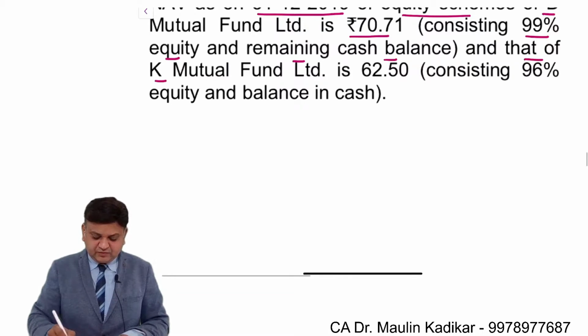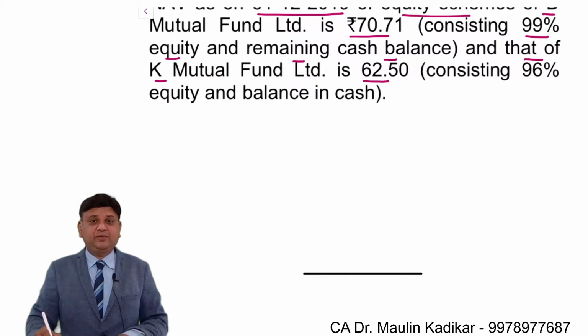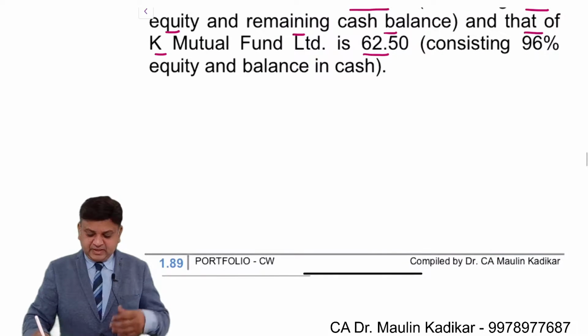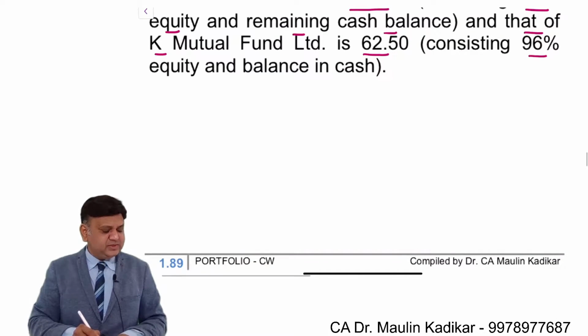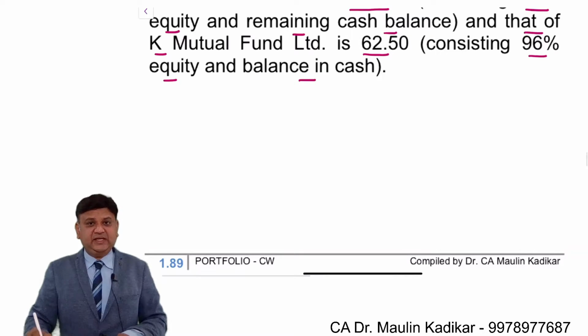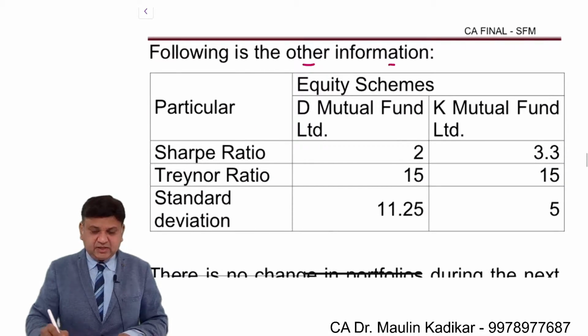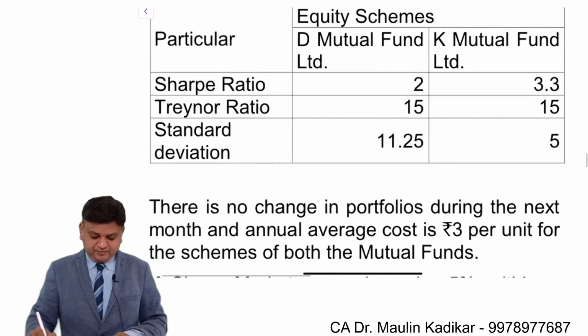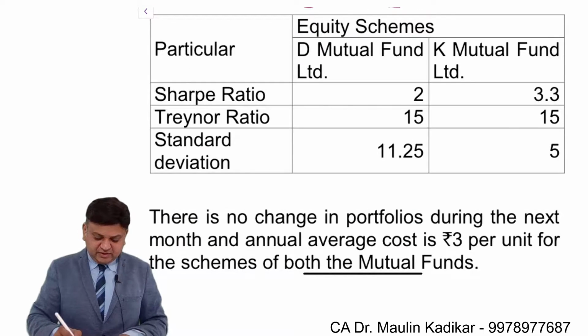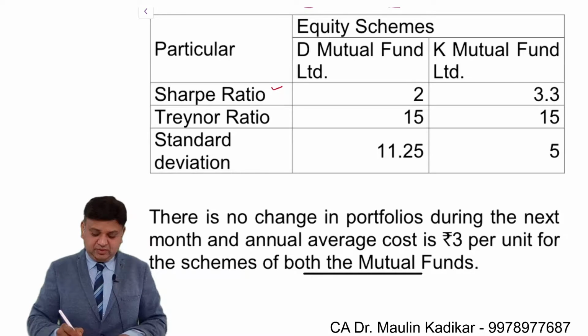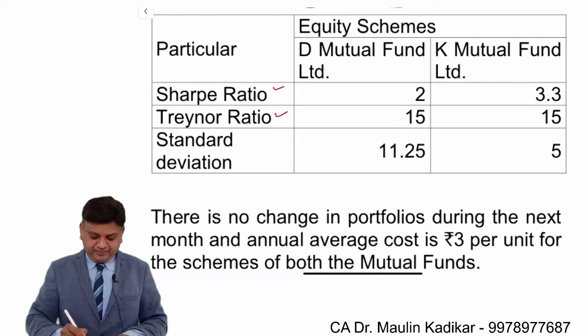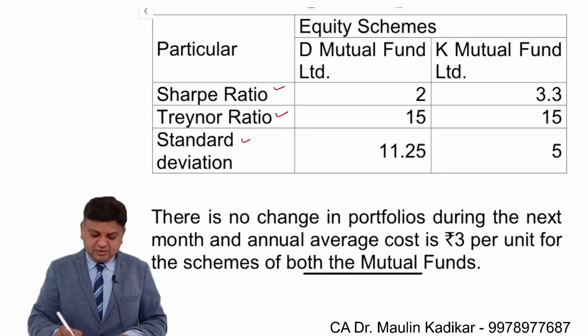And that of K Mutual Fund Ltd is 62 rupees 50 paise, consisting of 96% equity and the balance in cash. Following is the other information. We have been provided with the Sharpe Ratio, Treynor Ratio and standard deviation for mutual fund D and mutual fund K.